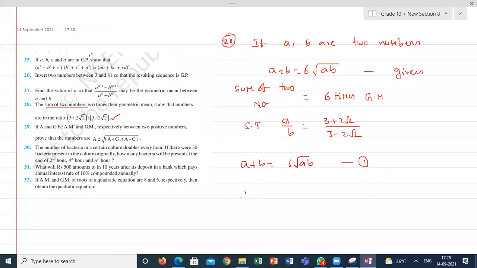If I square on both sides, A plus B whole square to remove the root, 36AB. So from here, A square plus B square plus 2AB is equal to 36AB. So A square plus B square is equal to 34AB.